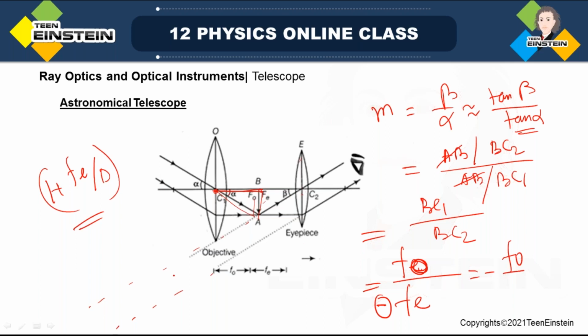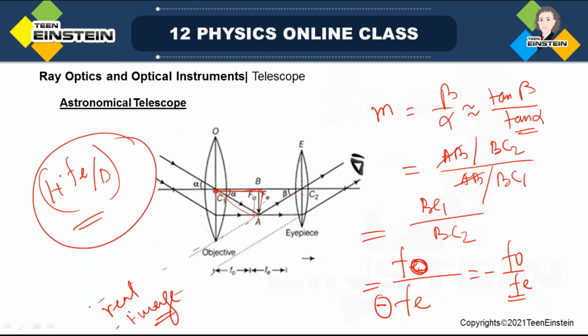Because the image will be a real image and inverted, but it will be a very enlarged image you will see. So this is the magnification for the case of infinity, when the image is formed at infinity. In this case this factor is missing, you have to see that.